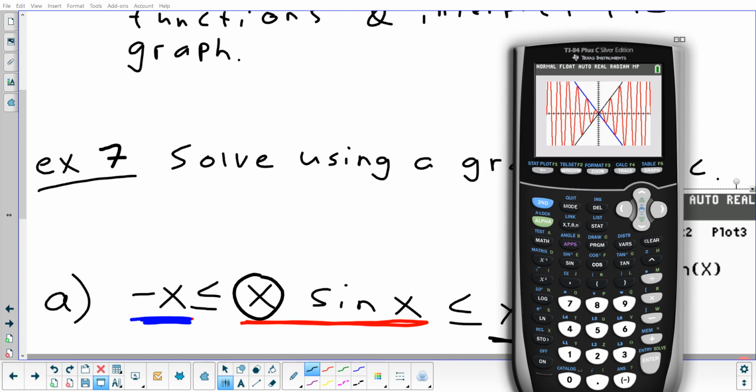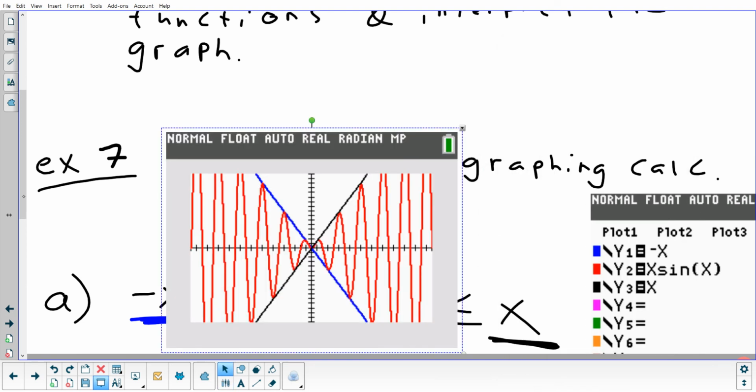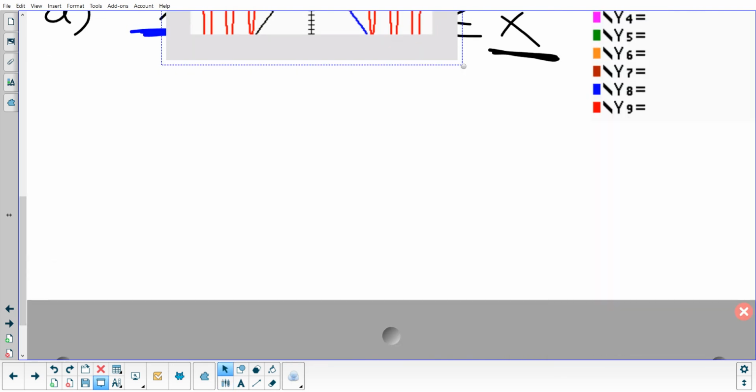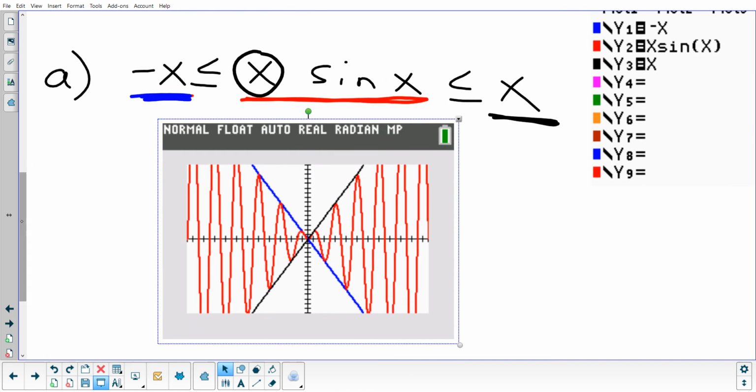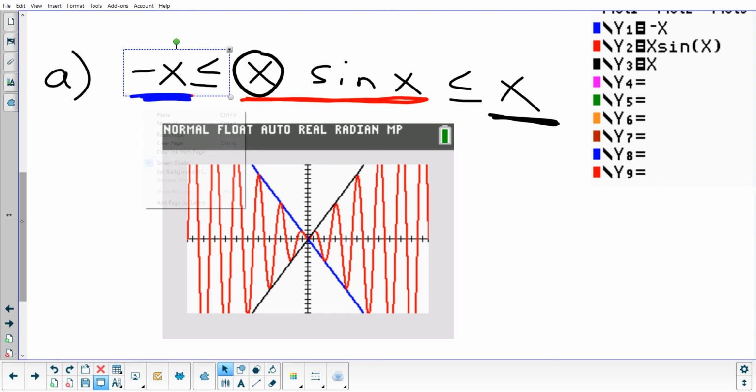So now let's see if we can look at that and get our answer. We're looking for where the red graph is above or equal to the blue, but under the black. Did anybody see the x values where that happens? Above the blue, but below the black. Chris?